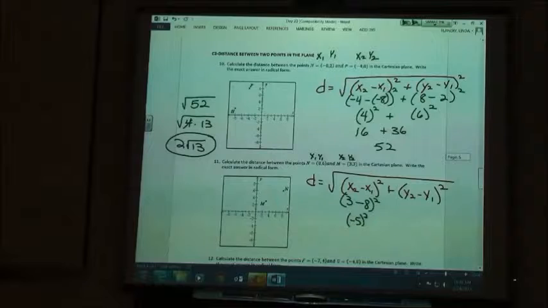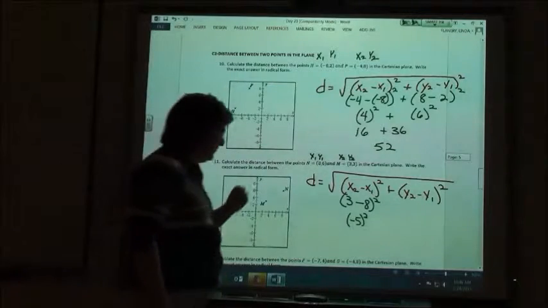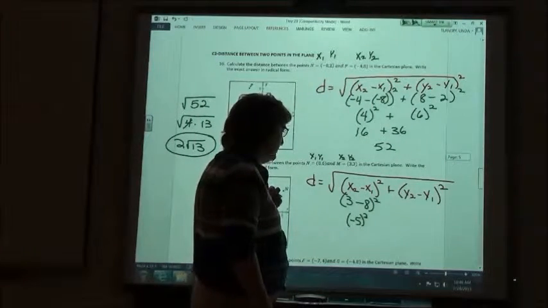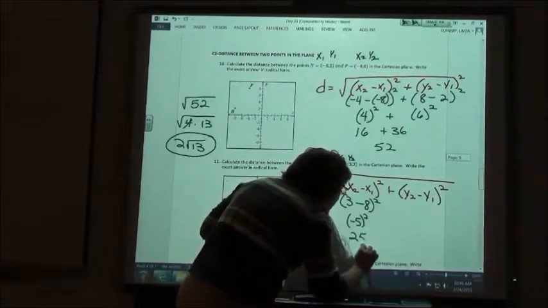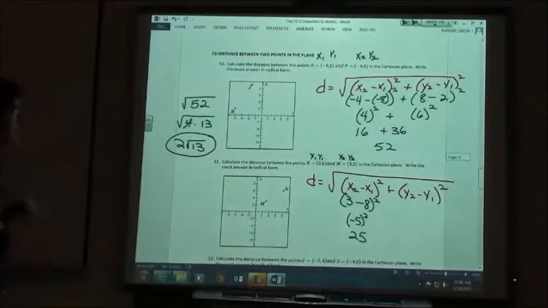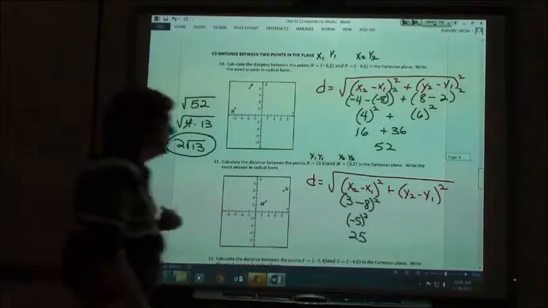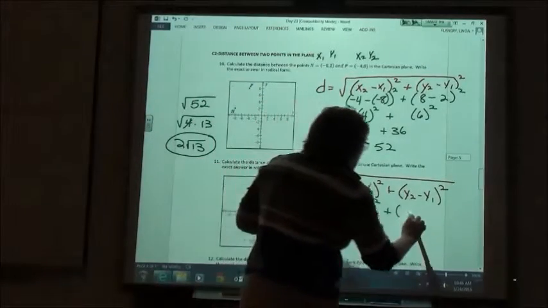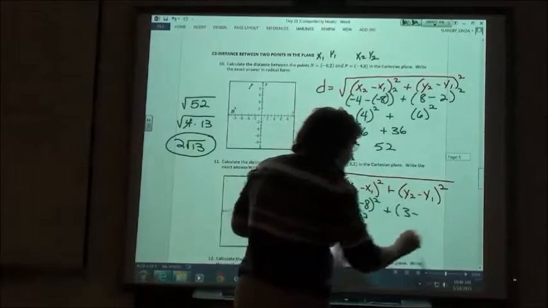Make sure you use the parentheses if you're using your calculator. Negative 5 squared is 25, because negative times negative makes that positive. Then we got to do the y's. So y2 would be 3. 3 minus y1, which is 6.